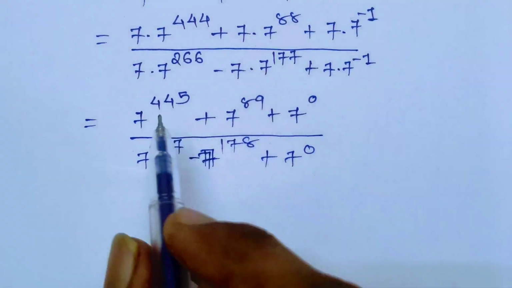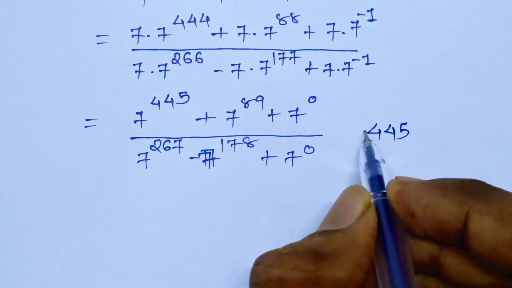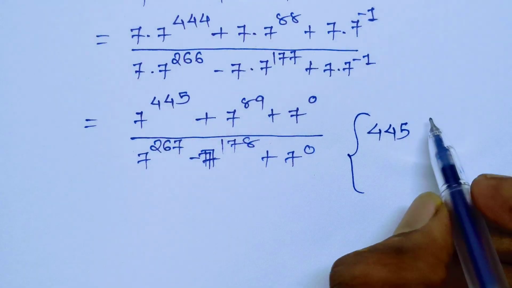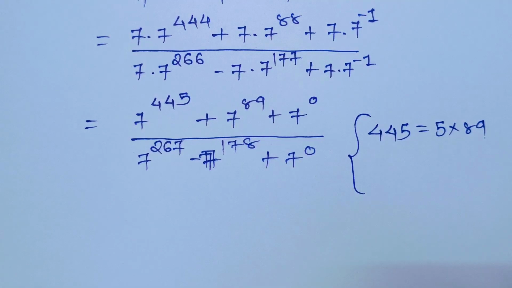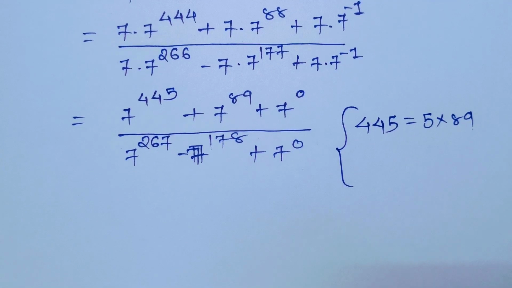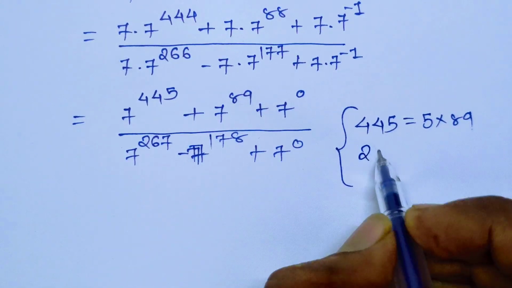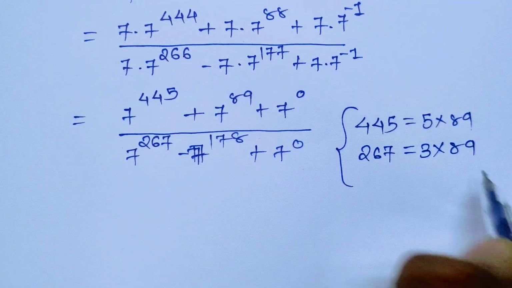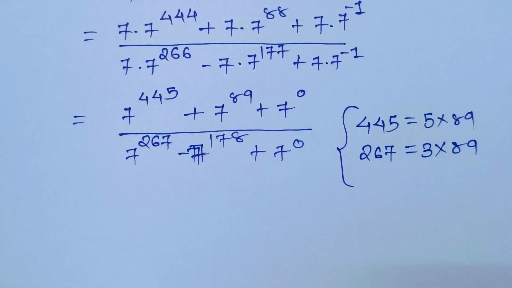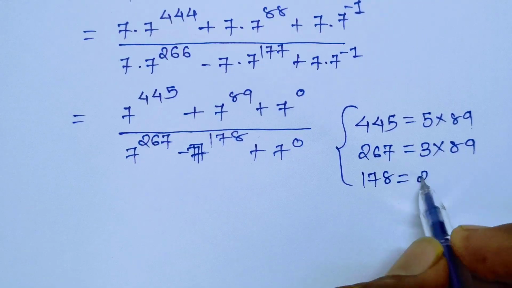Now 445 can be written as 5 into 89, similarly 267 can be written as 3 into 89, and 178 can be written as 2 into 89.